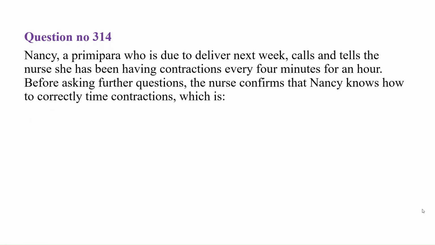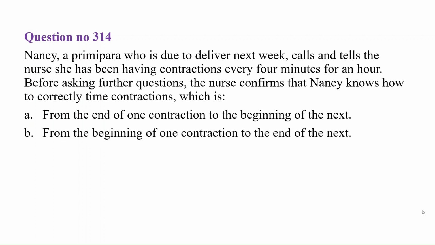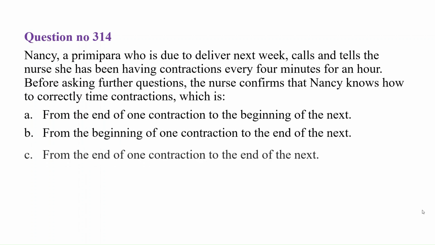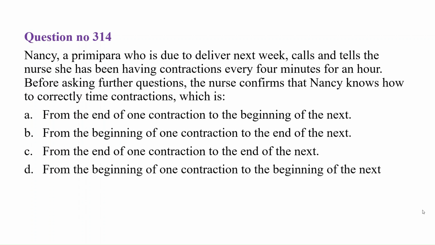Before asking further questions, the nurse confirms that Nancy knows how to correctly time contractions, which is, the options are A, from the end of one contraction to the beginning of the next. Number B, from the beginning of one contraction to the end of the next. Number C, from the end of one contraction to the end of the next. Number D, from the beginning of one contraction to the beginning of the next.